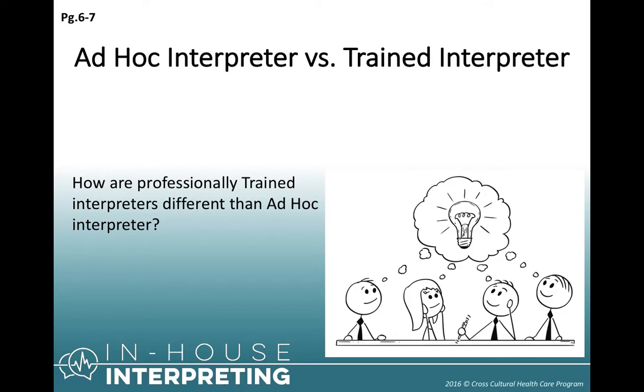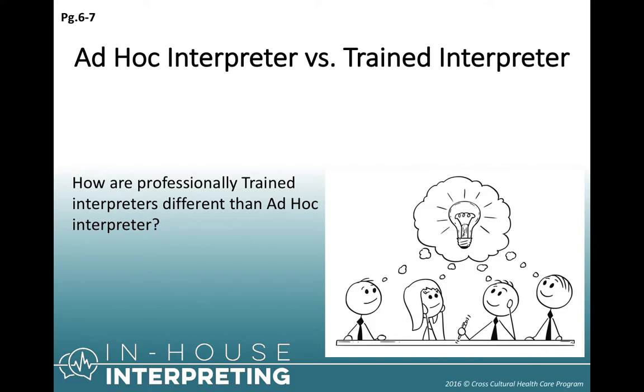So, who else are ad hoc interpreters? Any family member that tries to interpret for their family member, that is the patient, a child that's being asked to help. It could even be someone that works in the clinic or the hospital that speaks a language that the patient speaks, but is not trained as an interpreter. Briefly defining that, an ad hoc interpreter is someone who is untrained.